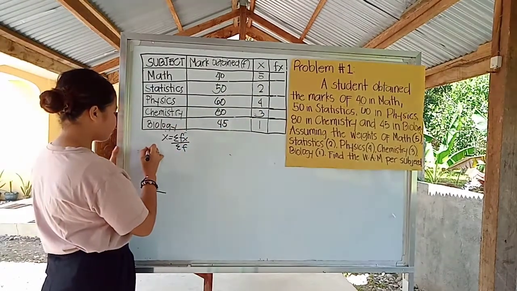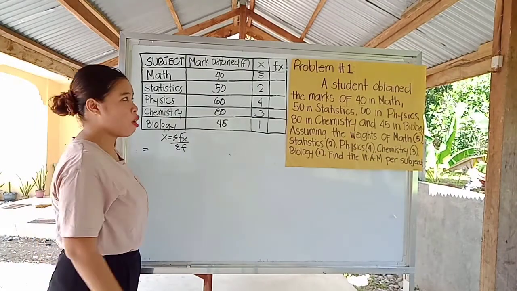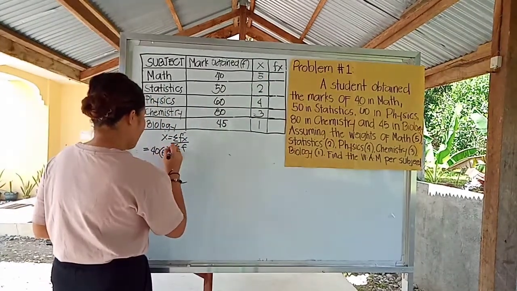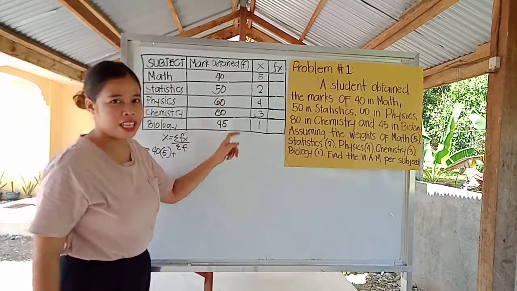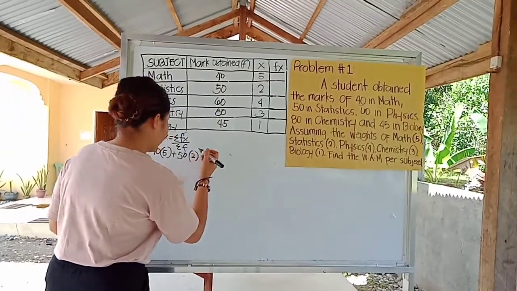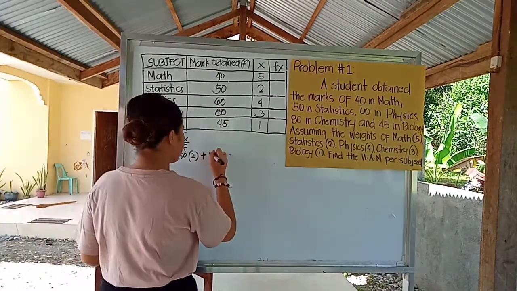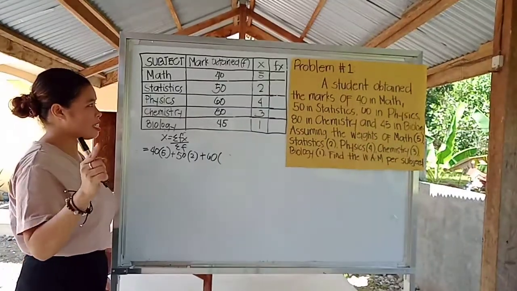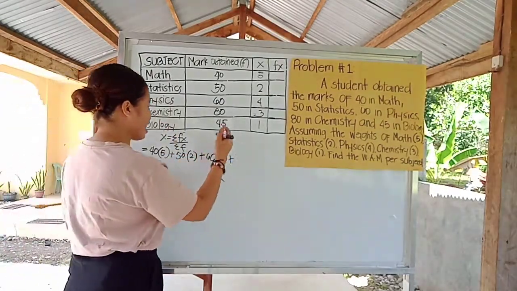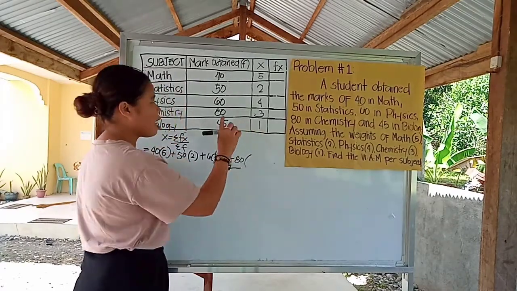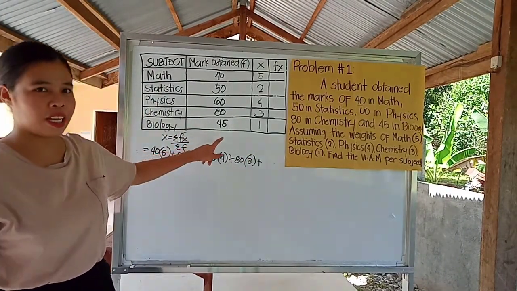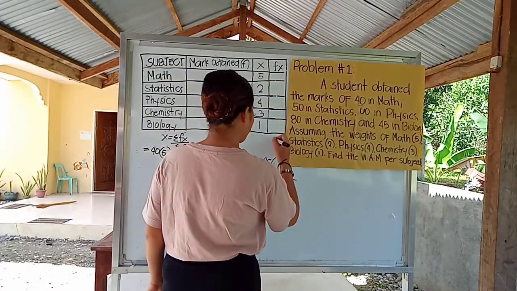So first, the mark obtained in math is 40, times the assuming weight of math, 5, plus the mark obtained in statistics, 50, times the assuming weight of statistics, 2, plus the mark obtained in physics, 60, times the assuming weight of physics, 4, plus the mark obtained in chemistry, 80, times the assuming weight of chemistry, 3, plus the mark obtained in biology, which is 45, times the assuming weight of 1.